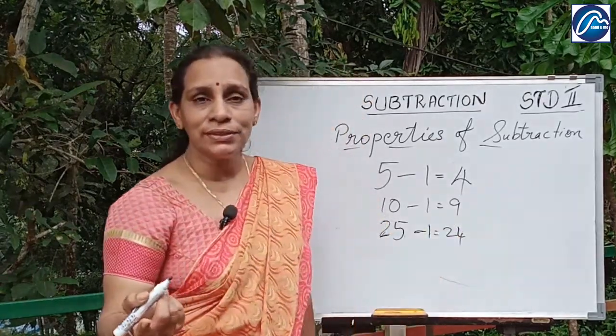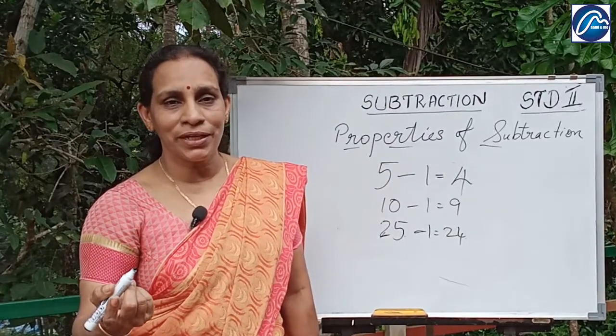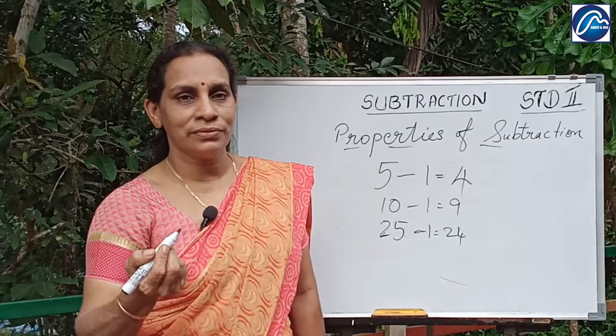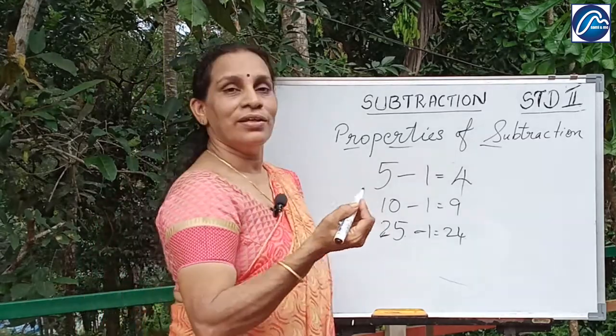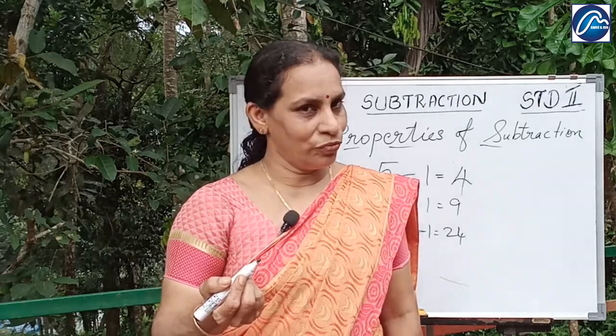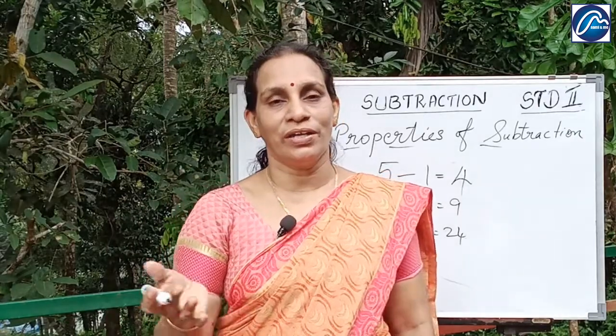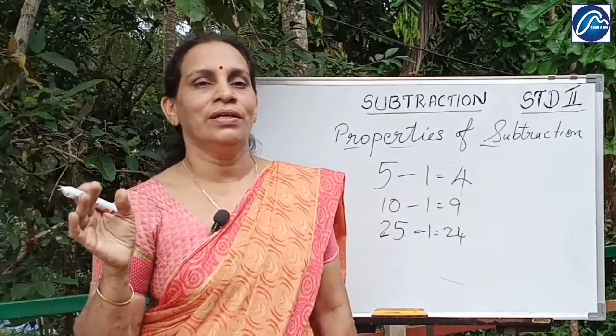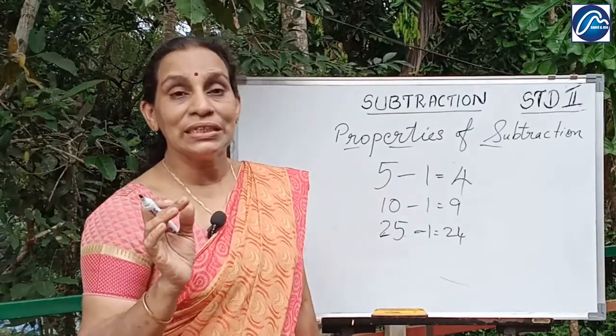Can you tell some examples? Can you say? Yes, very good. 12 minus 1 is 11. And 15 minus 1 is 14. So it goes on like that. So is it clear?